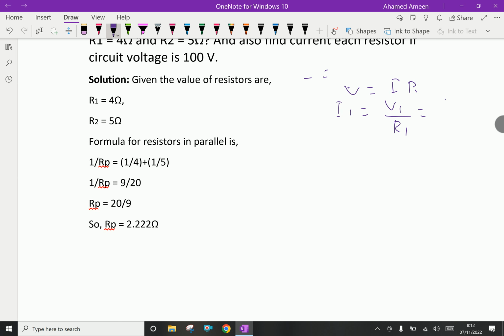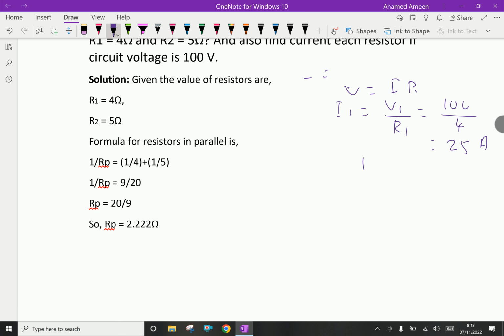V1 is 100. In a parallel circuit, every resistor has the same voltage. So 100 over R1, which is 4 ohms, equals 25 amps.